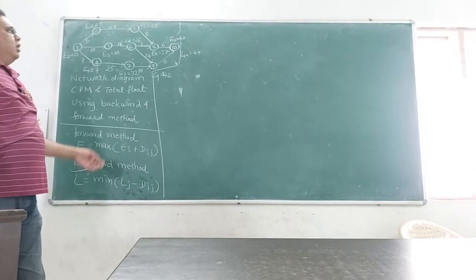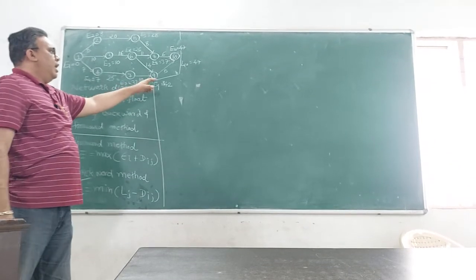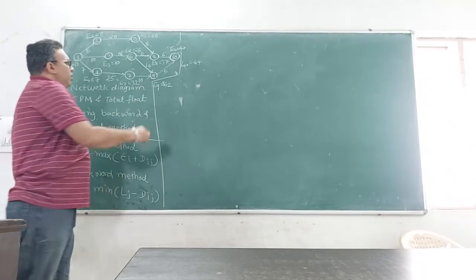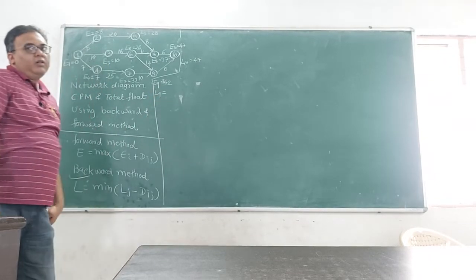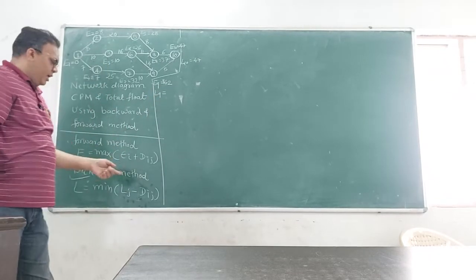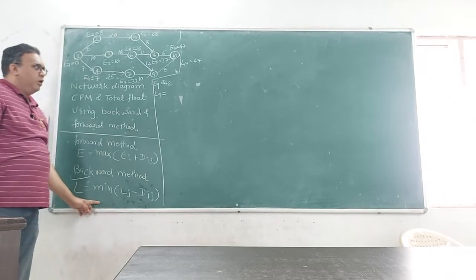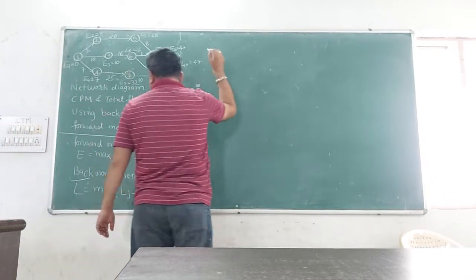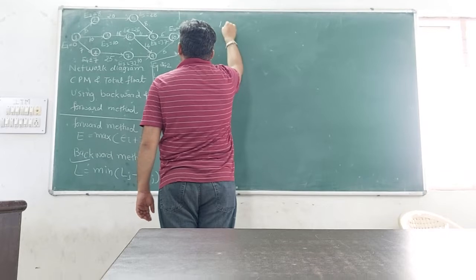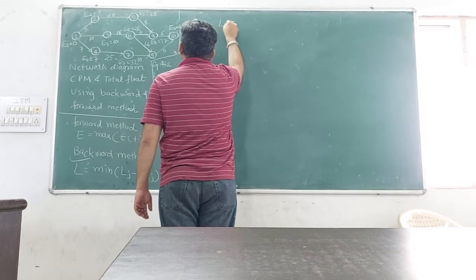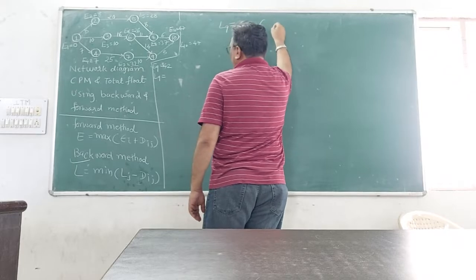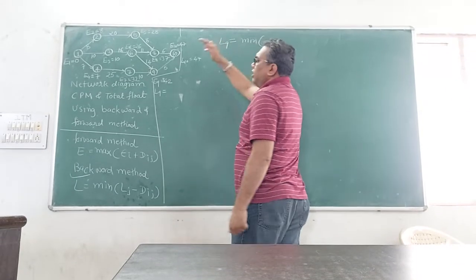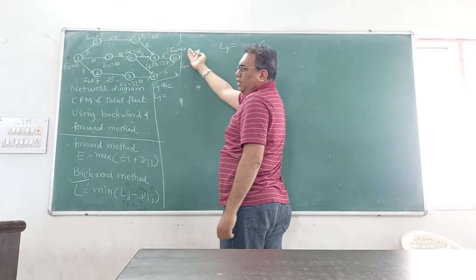Okay. Now we have to find the L9. So how do we find the value of L9? With the help of this formula, the backward formula, L9 is equal to minimum into bracket. What is the preceding value of 9? It is 10.